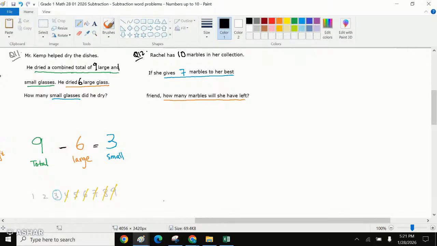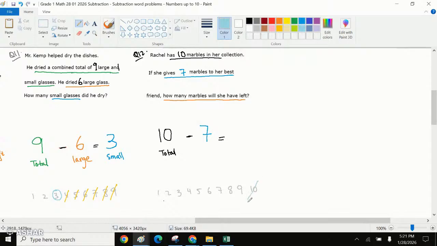That means she had a total of 10 marbles minus what she gave away to her friend. She gave away 7 marbles to her friend. 10 minus 7 should be, we can write down the numbers, 1, 2, 3, 4, 5, 6, 7, 8, 9, and 10, right? So if she had 10 marbles, numbered 1 till 10, she gave away how many?